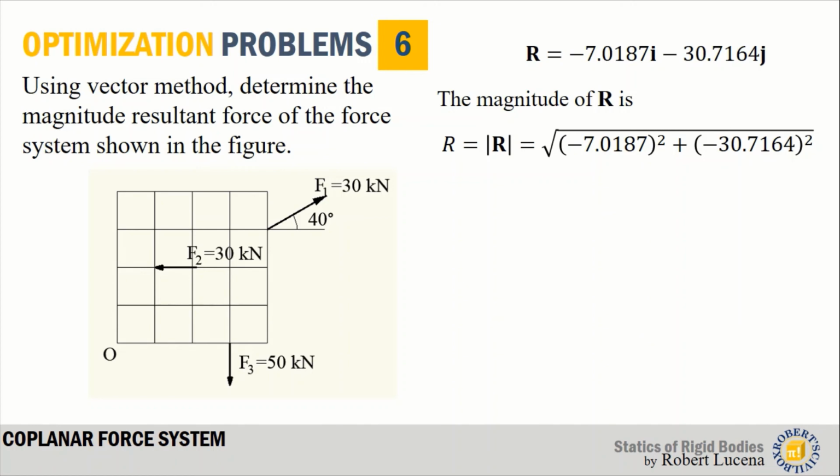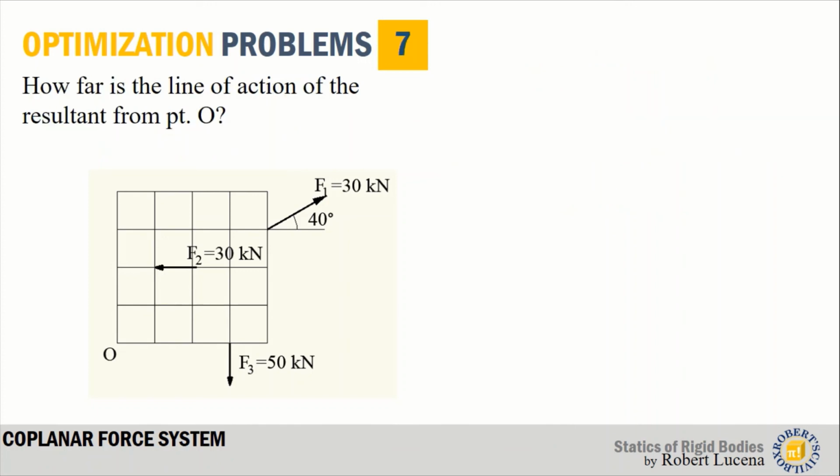So to get the magnitude of the resultant vector R, we simply get the sum of the squares of its components, and get the square root, that is the square root of negative 7.0187 squared plus 30.716 squared. Now the value of the resultant is R equals 31.5080 kilonewton.